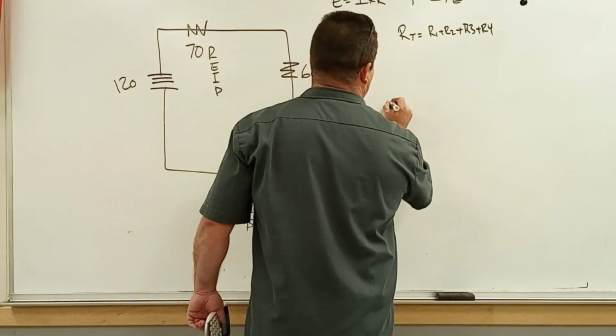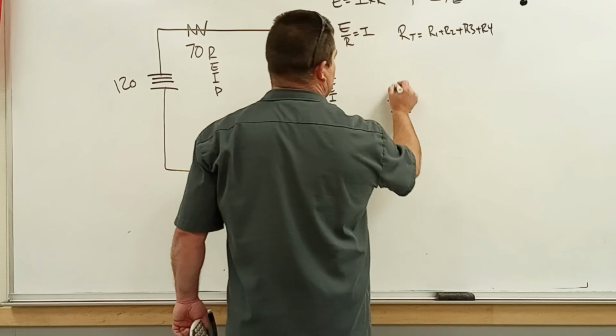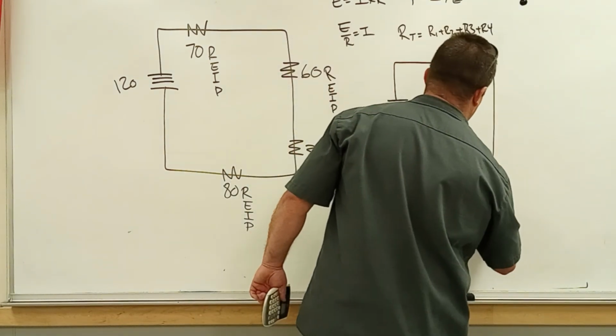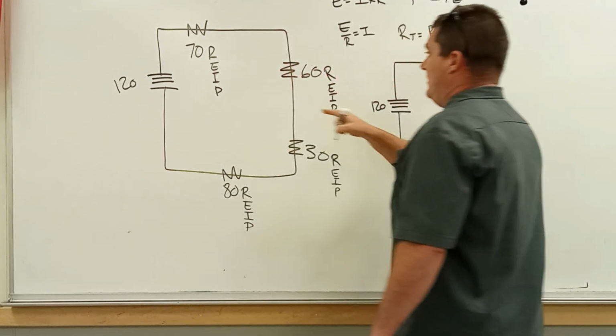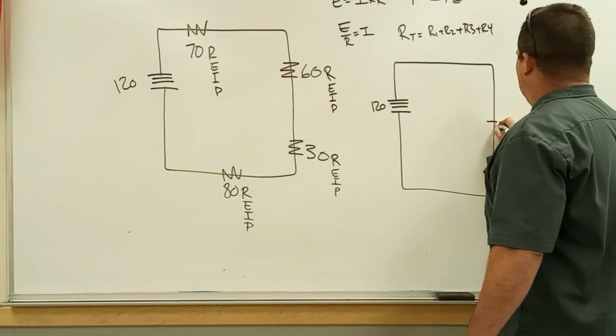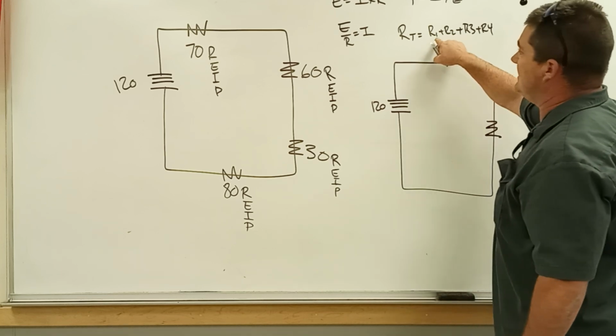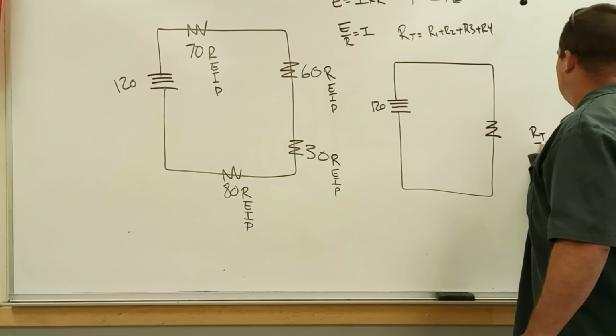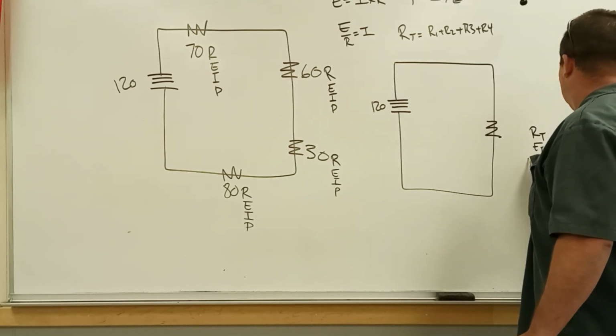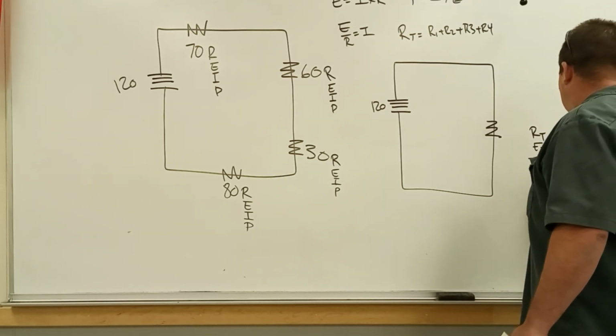First step, simplify your circuit down to one resistor. We didn't change the voltage, so the 120 comes forward. We're going to figure out our resistance total. R-E-I-P total.